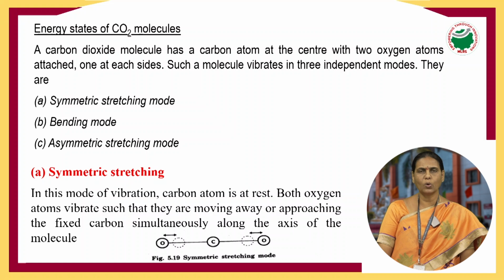Next, bending mode. One atom will be bending with respect to the other two atoms. That is called the bending mode. Next, asymmetric stretching mode. One moves in one direction, the other moves in the other direction. That is asymmetric. They are not moving in a single direction. They are moving in different directions. So we call it the asymmetric stretching mode of vibration.